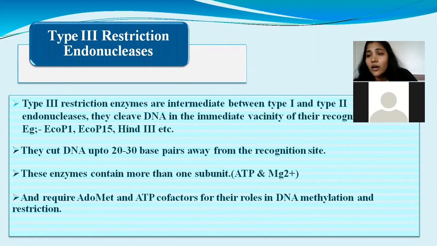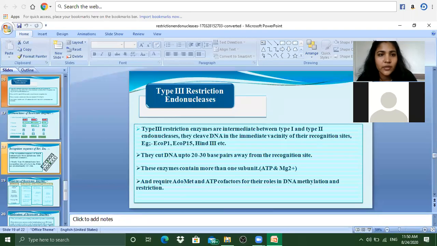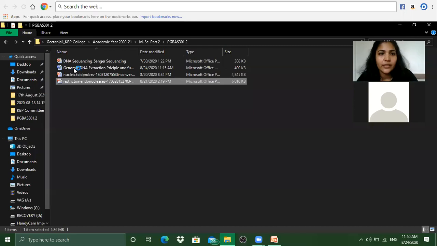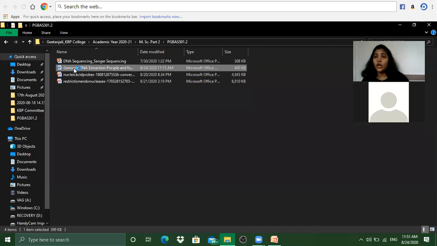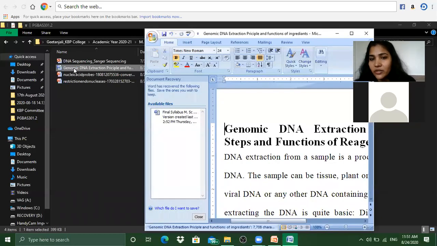So the first experiment that we have in your syllabus pertaining to genomics is plant DNA extraction. Okay, so I have this particular document with me, which I'll be showing here, which talks about the principle and the function of each ingredient of the DNA extraction.